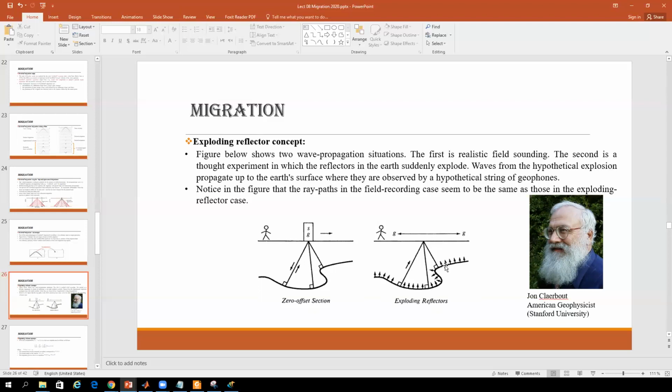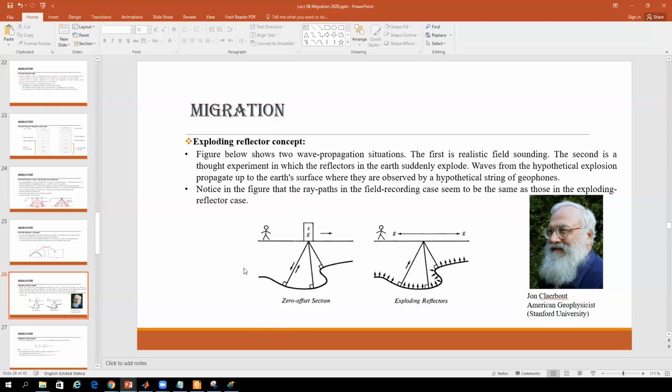It's like we are putting the sources on the reflector here, and we are shooting and exploding the energy from every point in the source at the same time. So the energy will be recorded by the geophones, or by the receivers, which are on the ground. So theoretically, this will give the same thing as we do in the stack section.